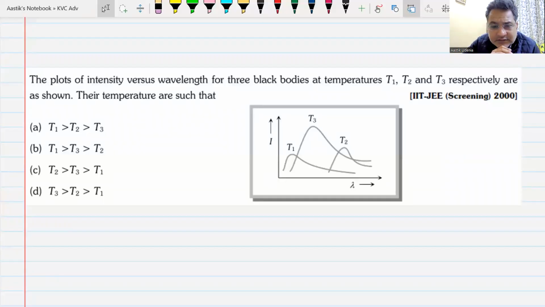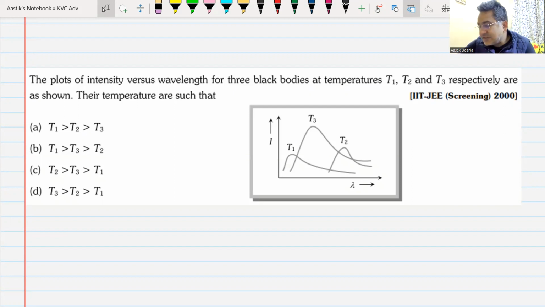Then comes this question, taken from a previous year JEE. The question is pretty simple and straightforward. Remember, three different black bodies are there, not a single black body. The plots of intensity versus wavelength for three different black bodies at three different temperatures, T1, T2, and T3, are shown.